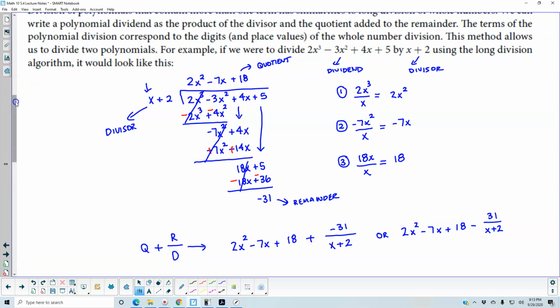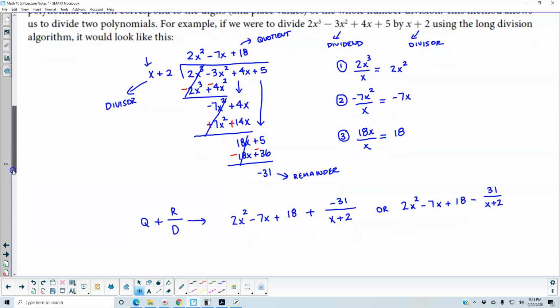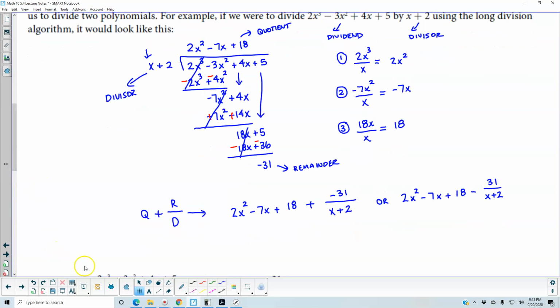Now, another way of writing this is the following. Well, what do we know? We know that initially it was 2x cubed minus 3x squared plus 4x plus 5, and we divided that by x plus 2.